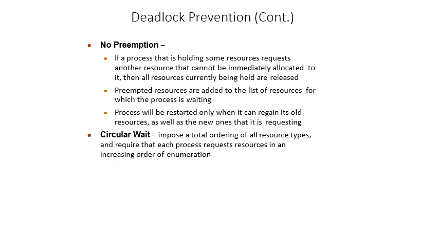And once the old process is resumed, it can regain its old resources as well as any new resources it is requesting, which should be allocated to that process. If we use this method in this way, we can prevent the deadlock.